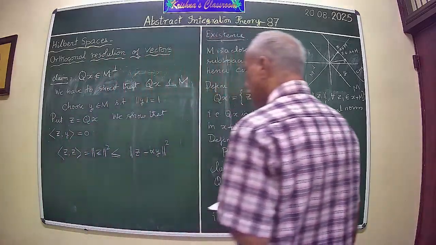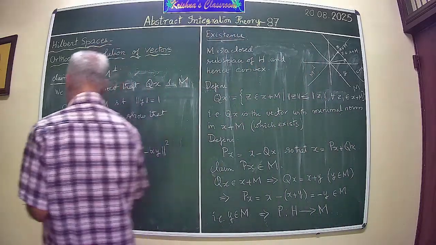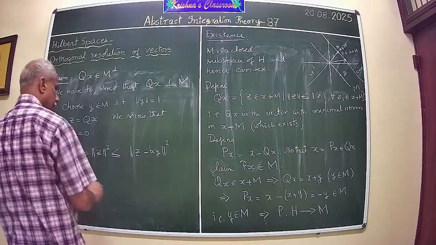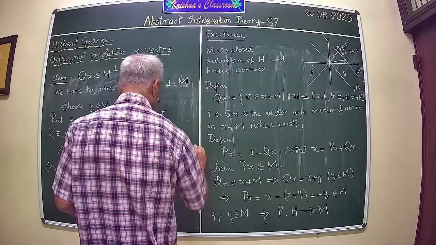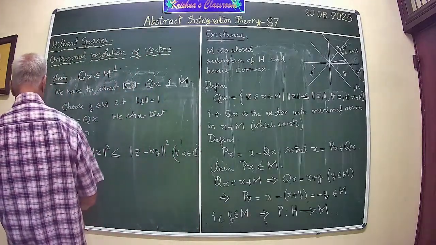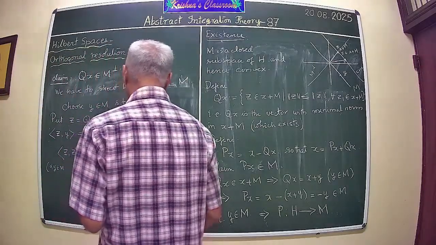What is alpha y? Alpha y, for every alpha belonging to C, belongs to M, because M is a subspace. Okay.